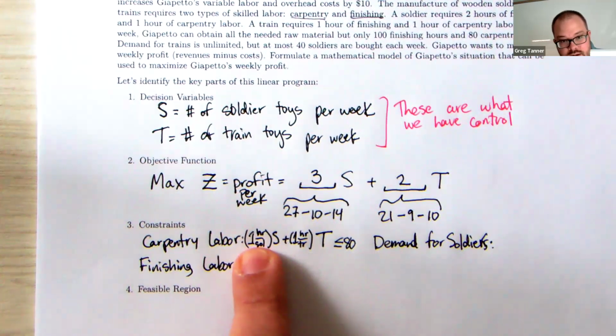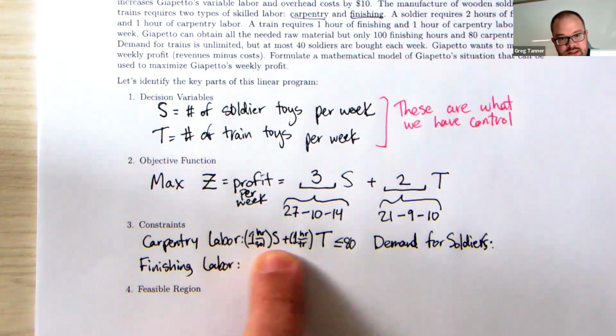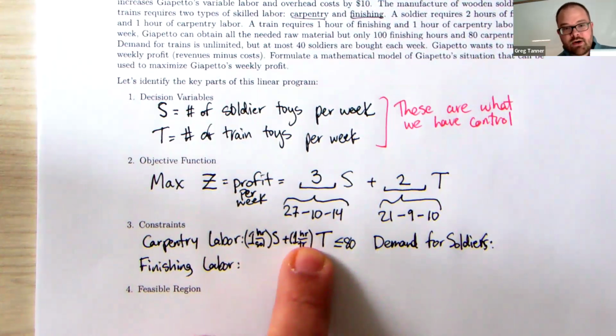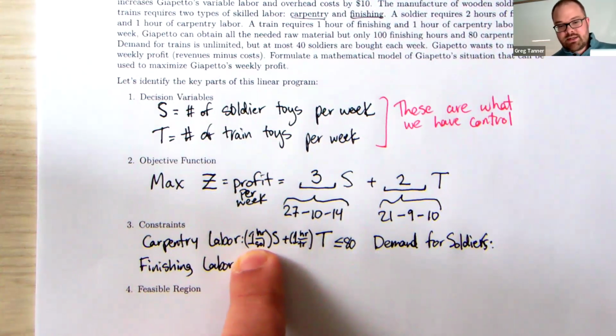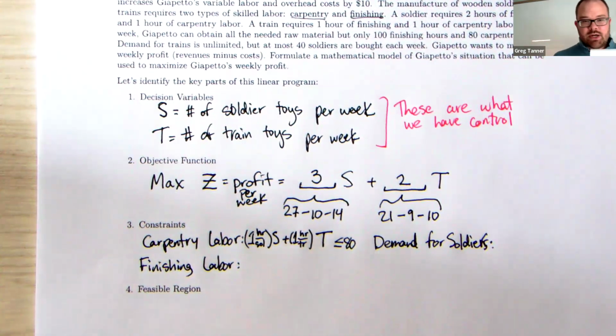So it's 1 times however many soldiers plus 1 times however many trains. The important thing to note is that for a linear program, the left side of our constraint is going to be a linear combination of our variables, meaning we have a constant times a variable plus a constant times a variable, and continuing on. We can have more constants and variables, but in this case, we have 2 decision variables.